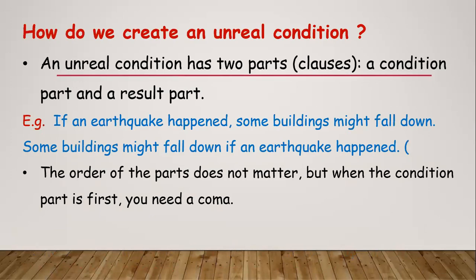So how do we create an unreal condition? An unreal or a real condition, all the conditionals have two parts, or clauses, or sentences, okay? The condition part and the result part, right?